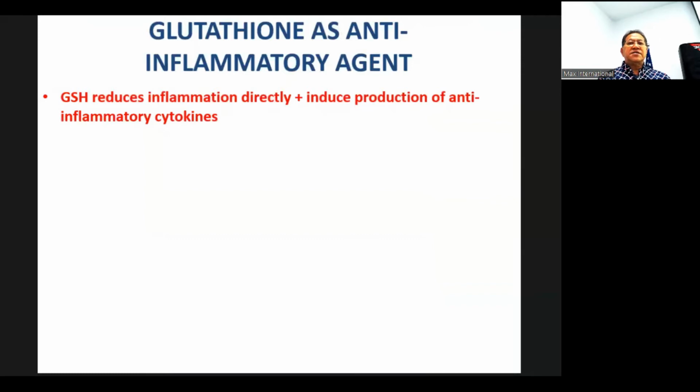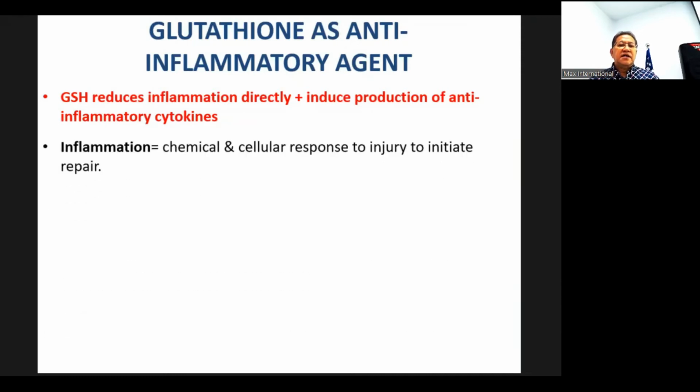What about glutathione as an anti-inflammatory agent? Glutathione reduces inflammation directly and also indirectly by inducing the production of what are called anti-inflammatory cytokines. What is inflammation? Inflammation at the micro level is the chemical and cellular response to injury to initiate repair.